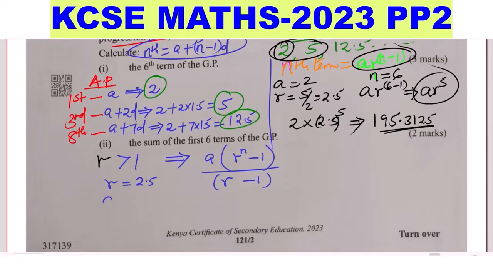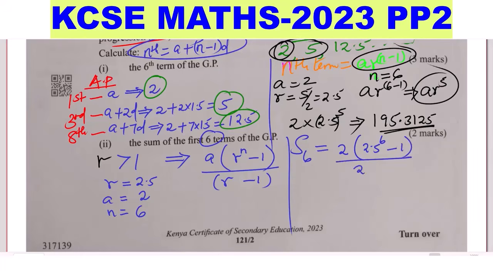Then we have A. And A is 2. So we just need to substitute. So the sum of the 6 terms, so n, because you're getting the sum of the 6 terms, n will be 6. So sum of the first 6 terms will be given by A, which is 2, then common ratio, which is 2.5 raised to power n is 6, then minus 1, then 2.5 minus 1, that is r minus 1.